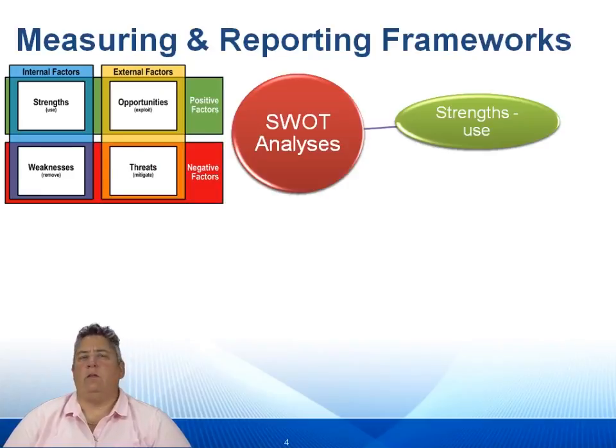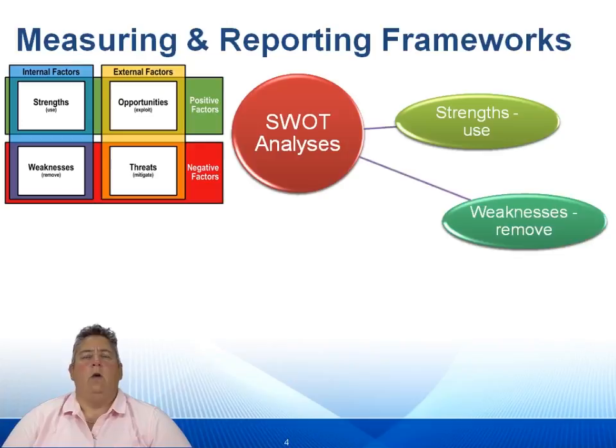We also have a SWOT analysis, and that SWOT analysis is shown to you graphically in the upper left-hand corner. So we have 4 areas, with positive and negative factors, and those are crossed by internal and external factors. So a strength would be an internal positive factor, and this is something we would want to use. When we analyze a situation, those strengths that we have as an organization, that's what we would list, and we would want to use those.